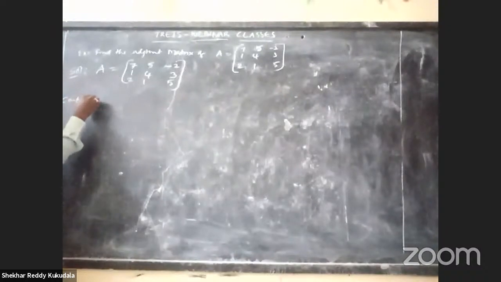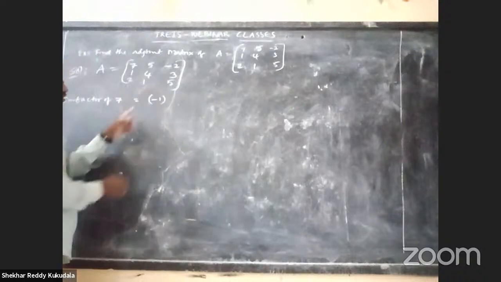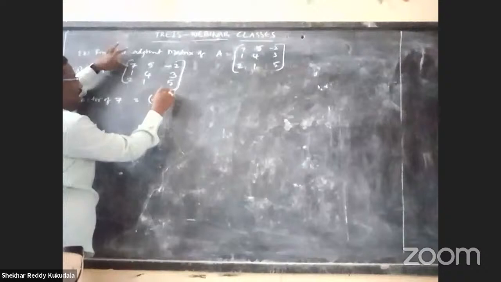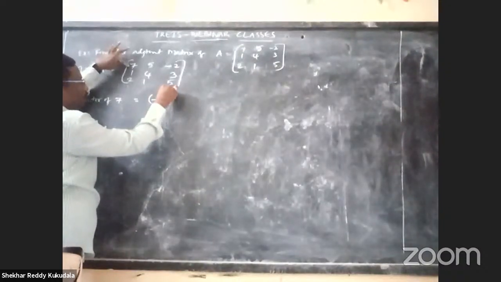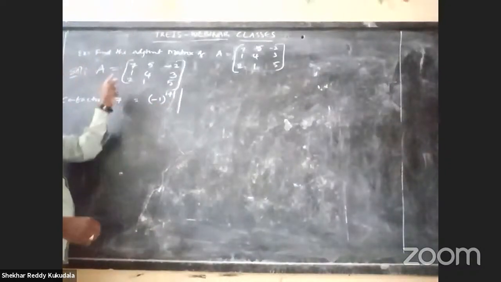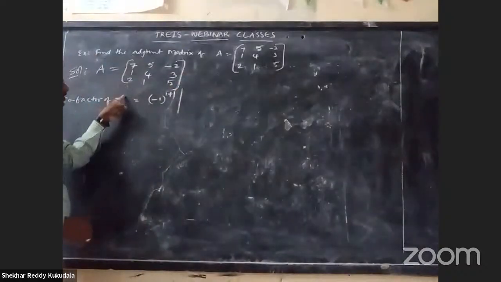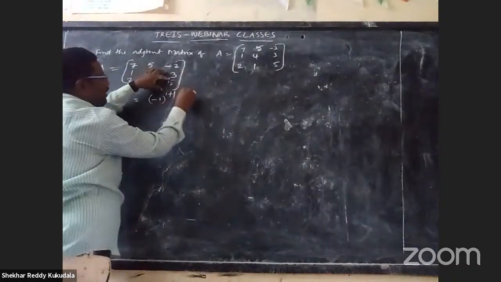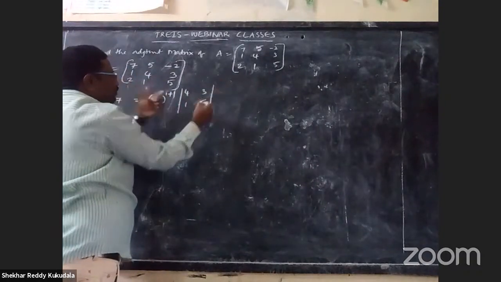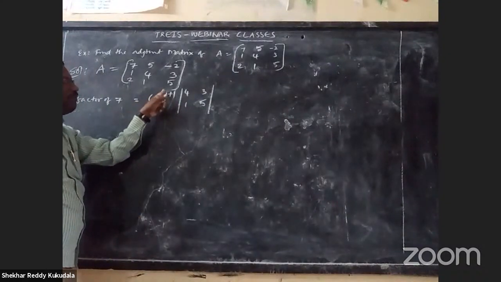Cofactor of 7 is equal to minus 1 power, directly I am writing, 7 is in first row and first column, into what is this minor? Minor of 7 means we need to delete this row, delete this column, and the rest is the 2 by 2 matrix determinant 4, 3, 1, 5. So this is the minor. This minor is multiplied by minus 1 power i plus j.